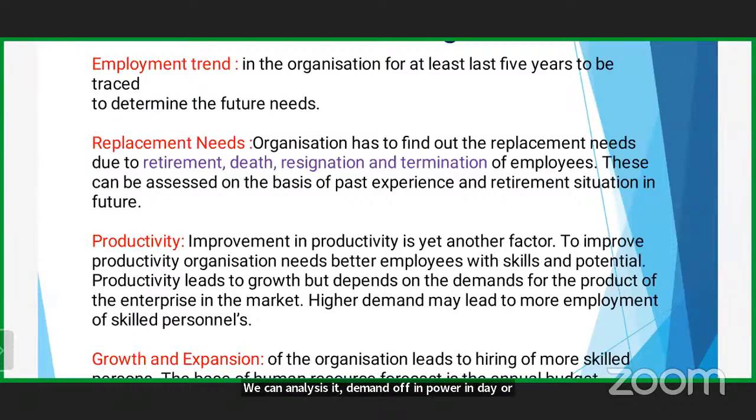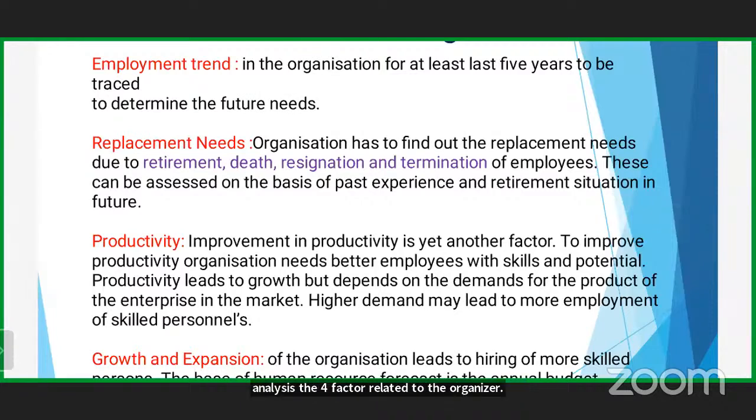Replacement need. Now, what do you mean by replacement need? This is another technique. As I already told you, a variety of techniques are there. Out of many techniques, we will discuss two to three techniques of demand. Replacement need implies that we can analyze four factors related to the organization.